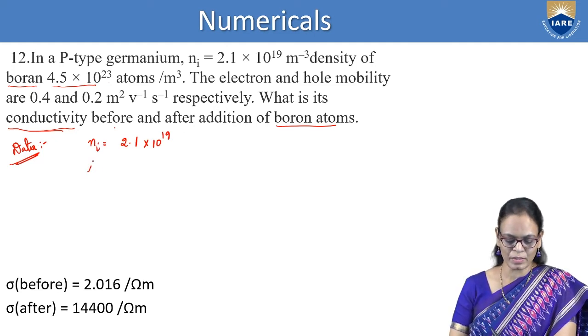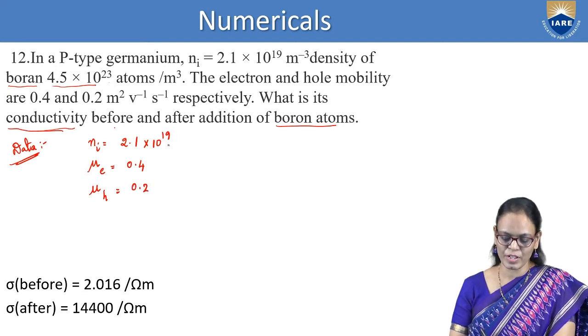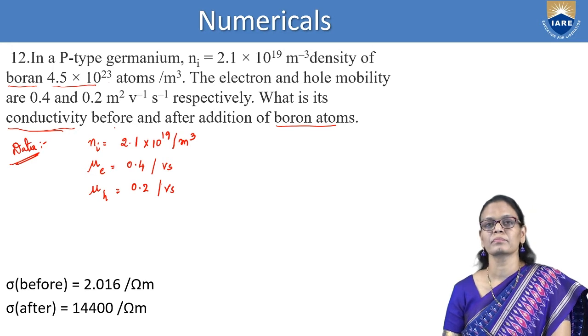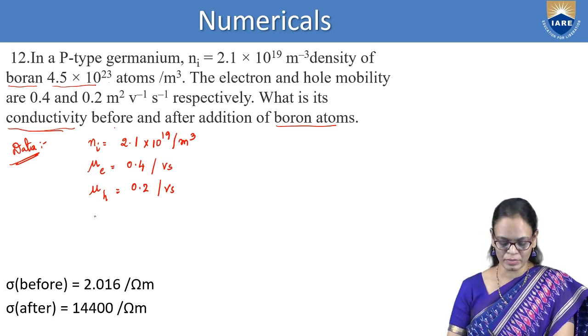The mobility for electron is 0.4, for hole 0.2. We have to find the conductivity, sigma.